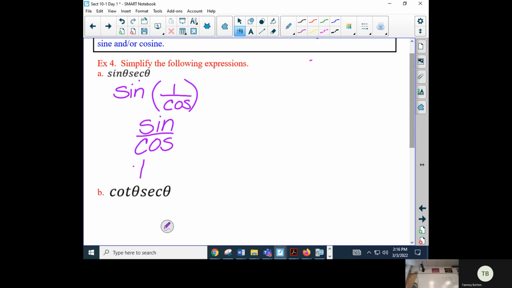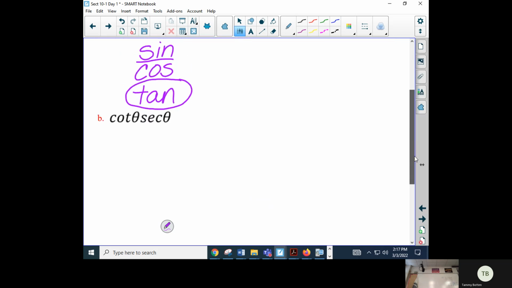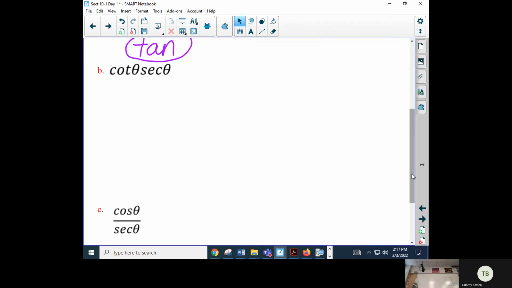So this is going to simplify down to tangent. So you put everything in terms of sine or cosine as you're simplifying, but then that last step, you try to see, how can I rewrite this? And because this has 2 things and this has 1, you want to simplify it as much as you can. So now let's look at this one.